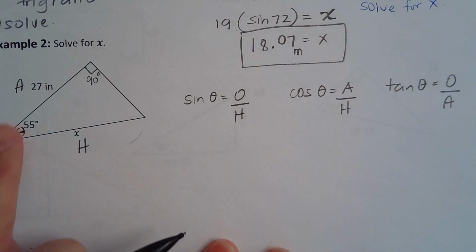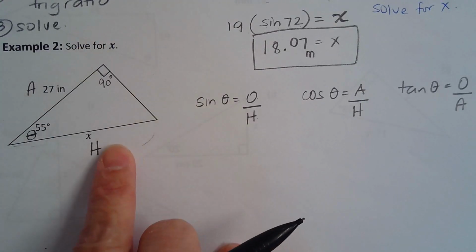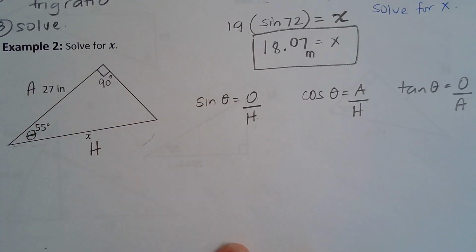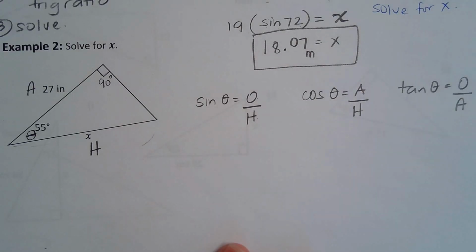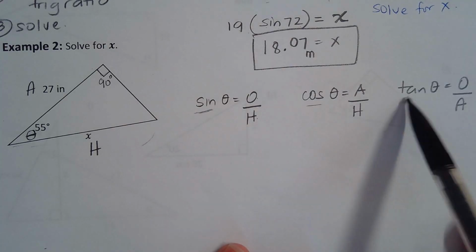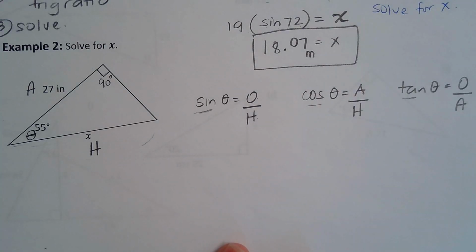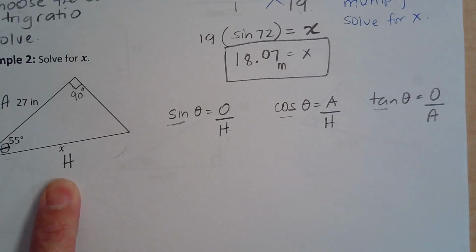So we've labeled everything in here. Theta, 90 degrees. This is the hypotenuse, this is adjacent. Which of these three things are we going to use? Are we going to use sine, cosine, or tangent? Which one has A and H in it?